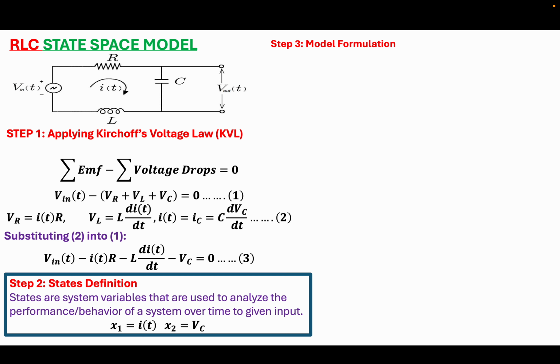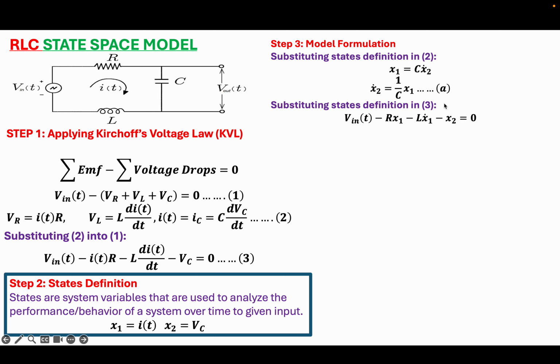So the next step is model formulation. So from the state definition, substituting that into 2, which is this equation, I will just have S1, which is i, is equal to C S2 dot. So making S2 dot the subject of the formula, I will have A, and substituting the definition into 3, I will just have Vin minus R times S1 minus L times S1 dot minus S2 is equal to 0.